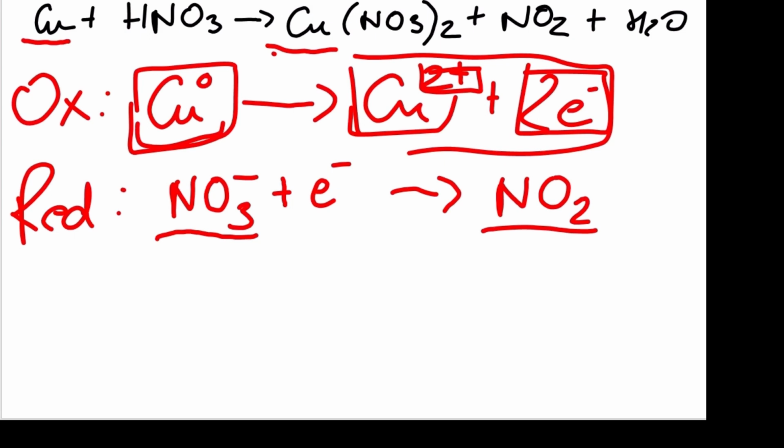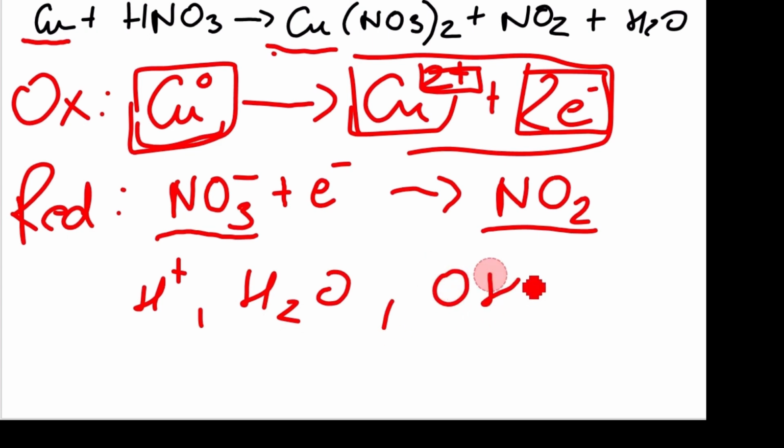Okay, so let's check it. We have H plus, water particles, and hydroxide anions. These three types of particles. The highest charge is indicated by the hydrogen ions. This charge is equal to plus 1.